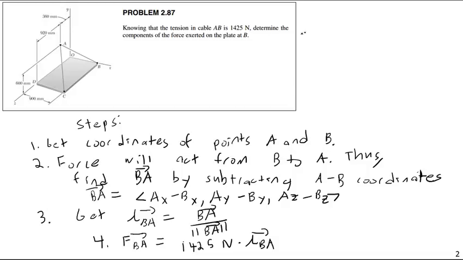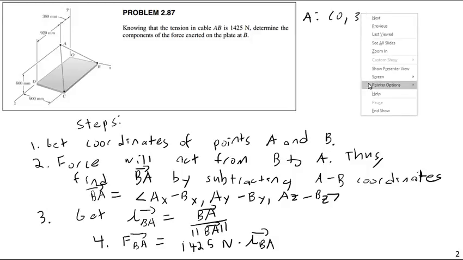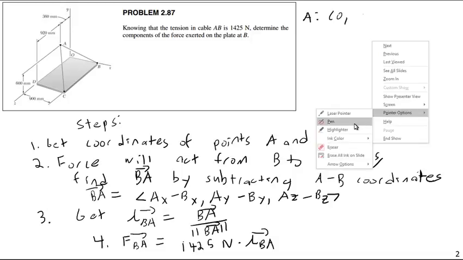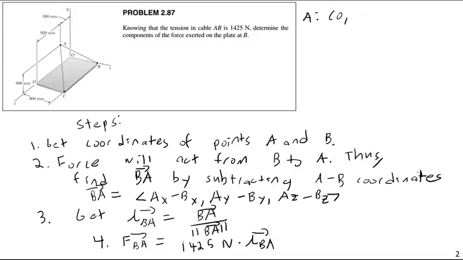So again, I could even get vector BA really quickly here, because we know that point A has coordinates 0, 600, comma 360.